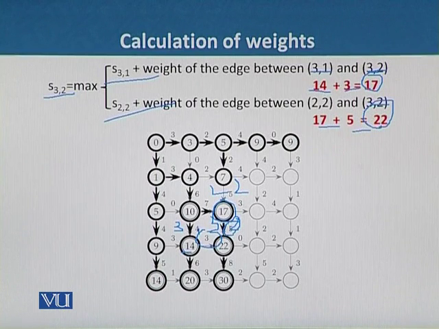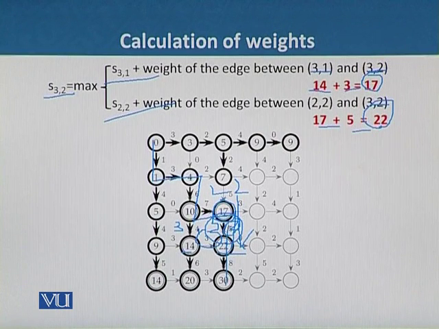So if the tourist wants to reach the 3, 2 position, he or she has to follow the path of 2, 2 to 3, 2 this way, in the direction of south, and that's why it is written in a bold arrowhead. So the path of the tourist will be this way.